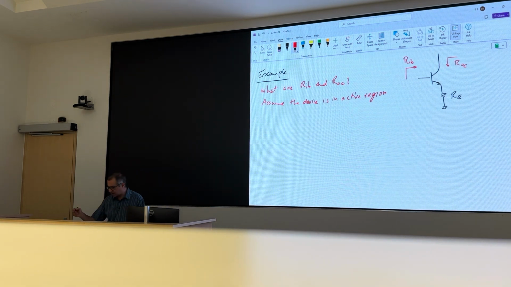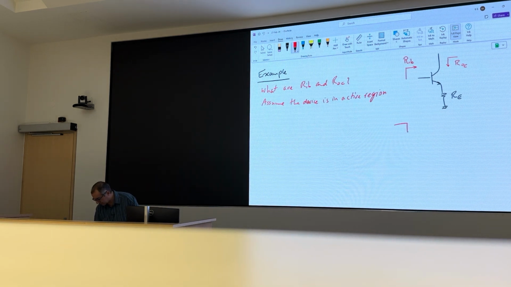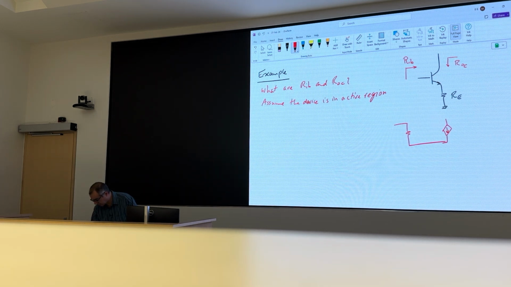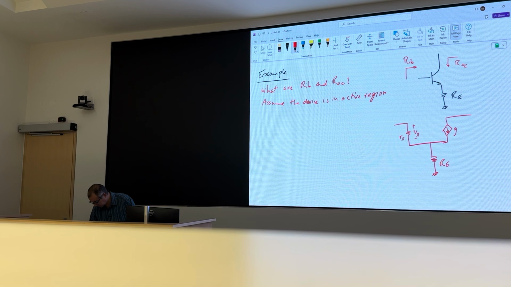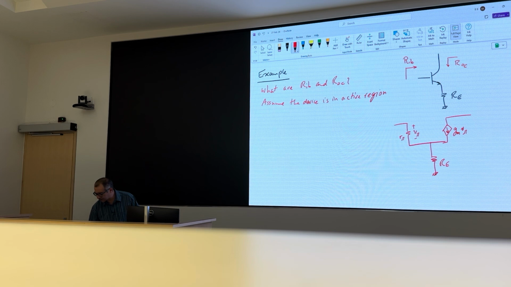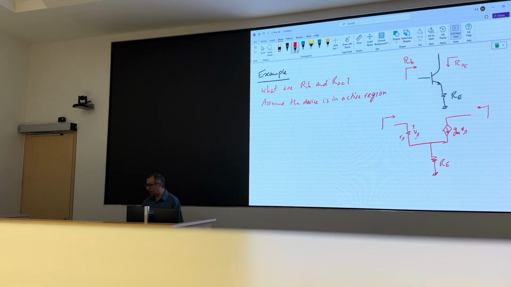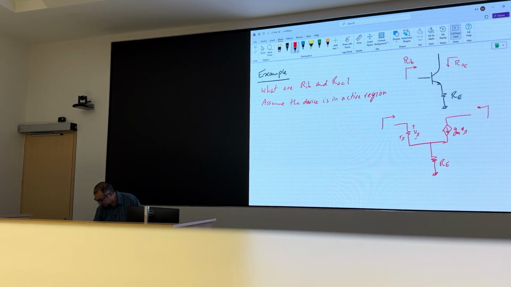If it is in active region, I have a small signal model, and I'm interested in the resistance that I see when I look here or here. So let's consider R_IB for now.